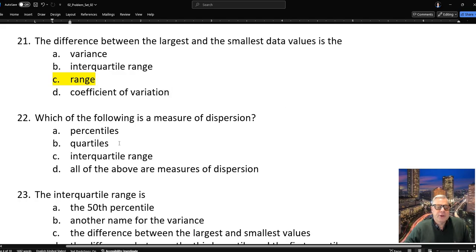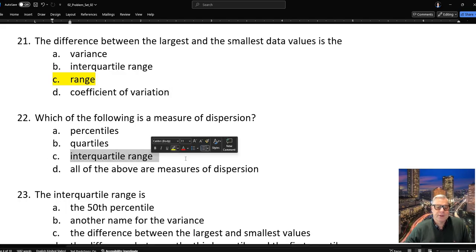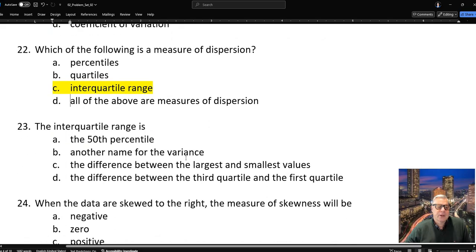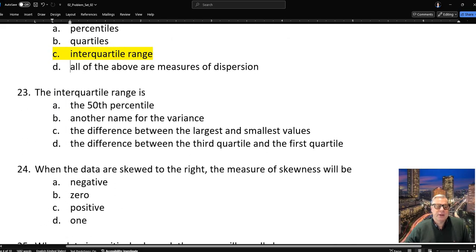Which of the following is a measure of dispersion? Percentiles, no. Quartiles, no. Yep, interquartile range. The interquartile range is the 50th percentile? No, that would be the median. Another name for the variance? No, that's silly. The difference between the largest and smallest values? No, that's the range. The difference between the third and the first quartile, so D is correct.